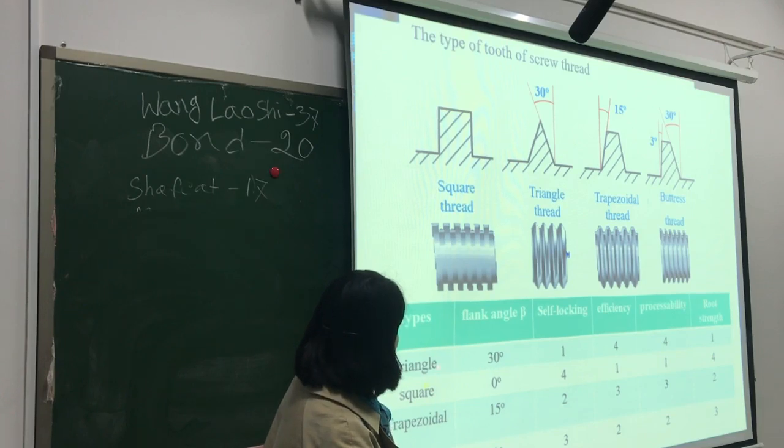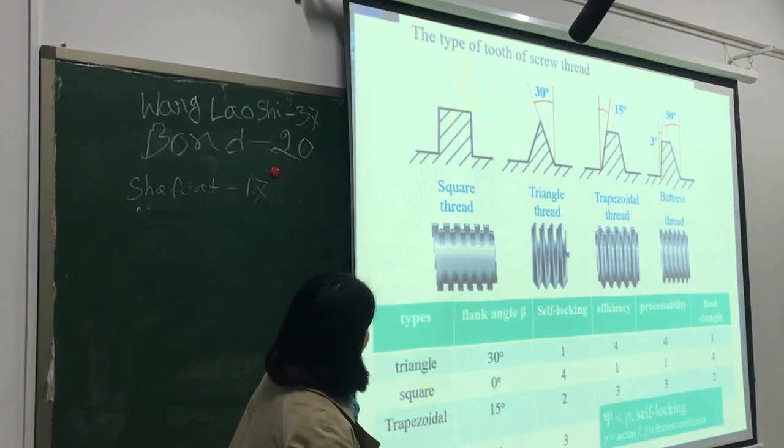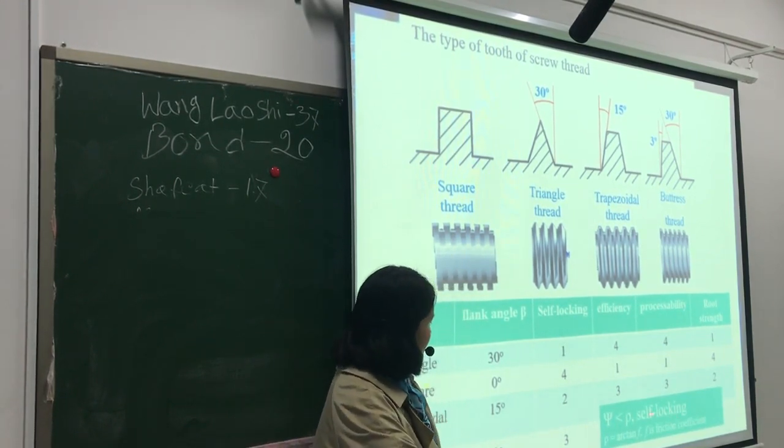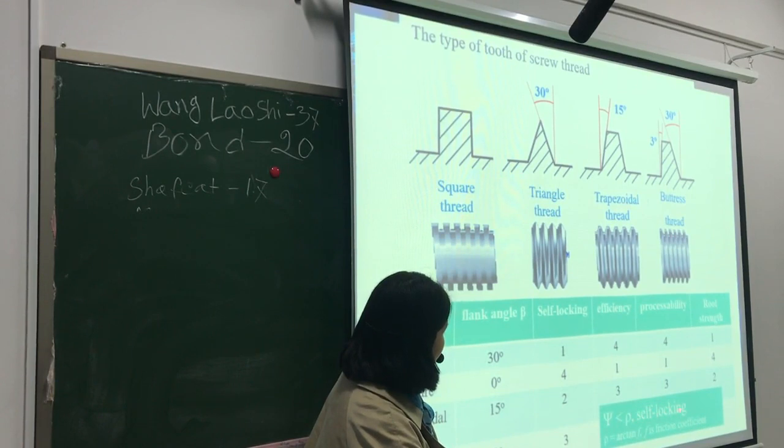So this is a joint screw thread, and square, trapezium and buttress are driving screw threads. This is the condition of self-locking.